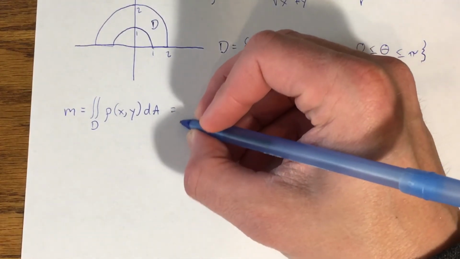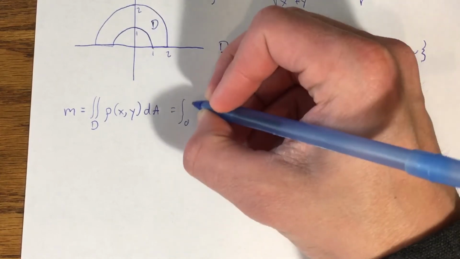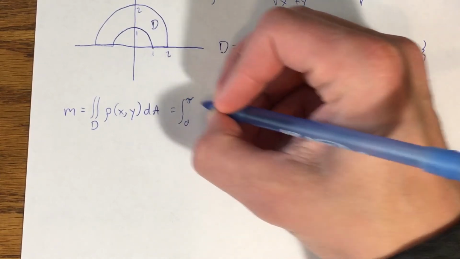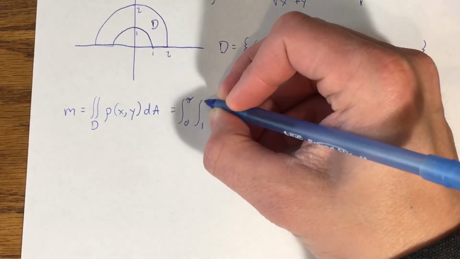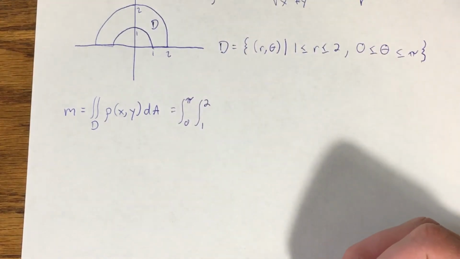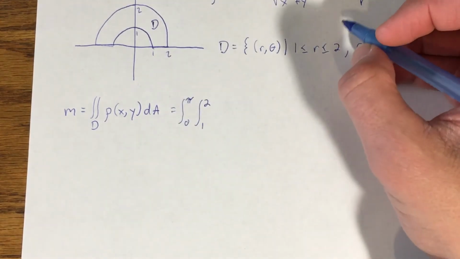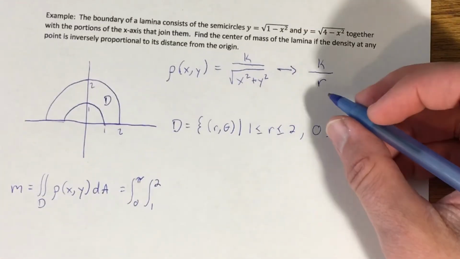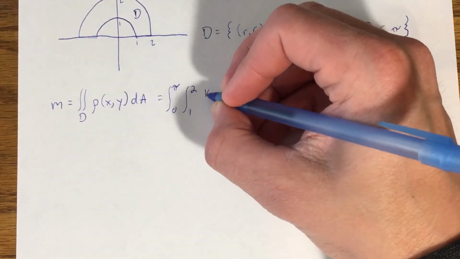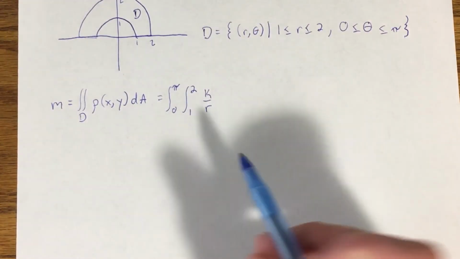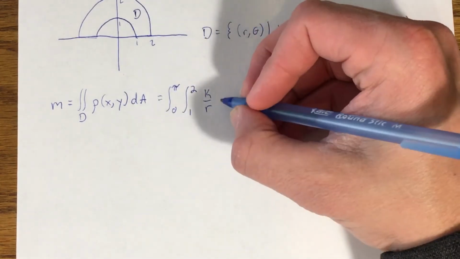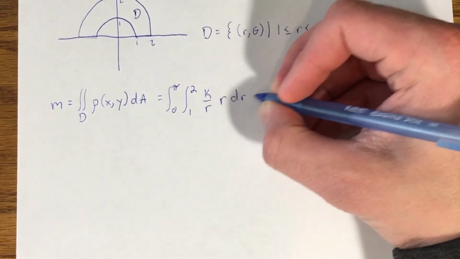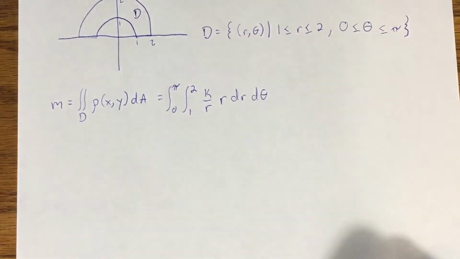For theta, 0 to pi. For r, 1 to 2. And then the function that we're integrating, we found up here to be k over r in polar coordinates. And then my dA becomes r dr d theta.